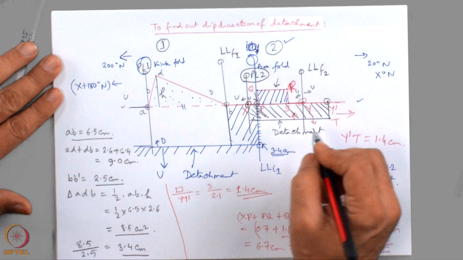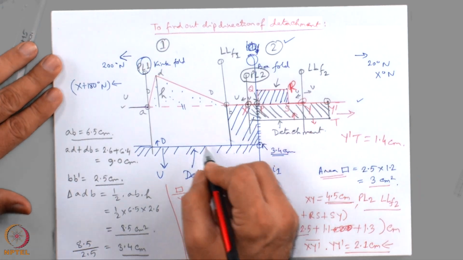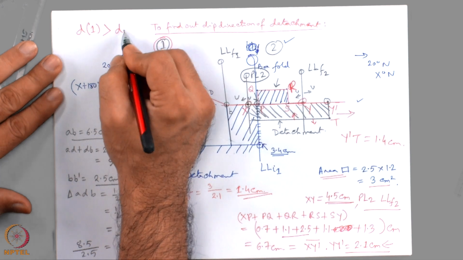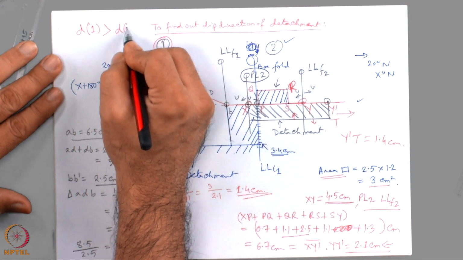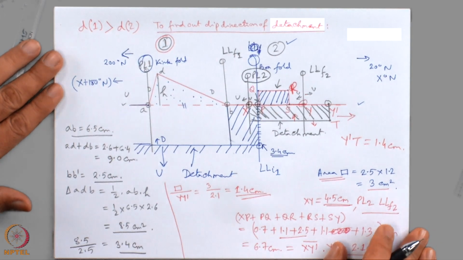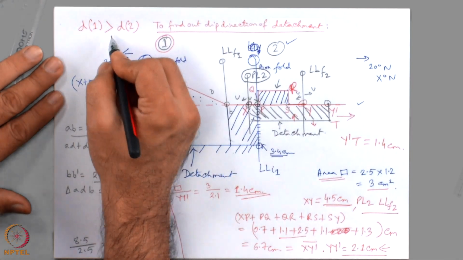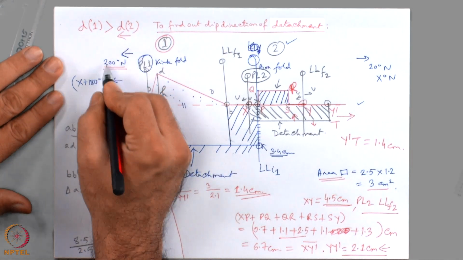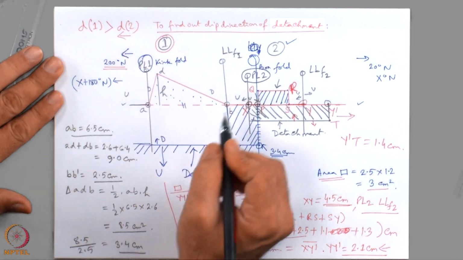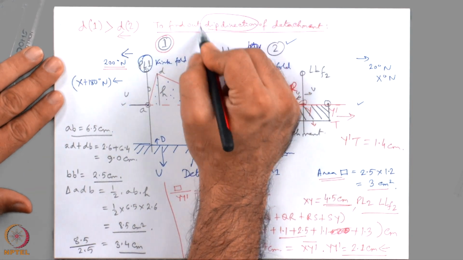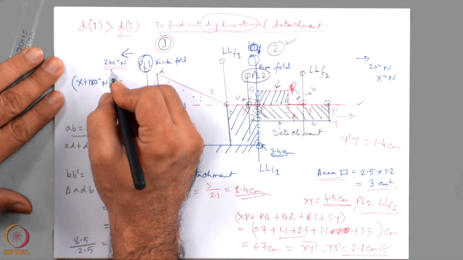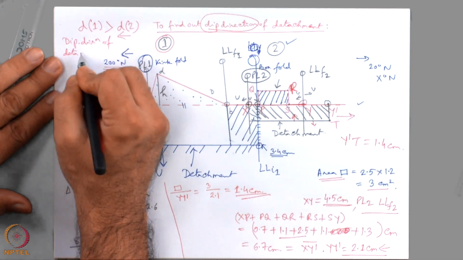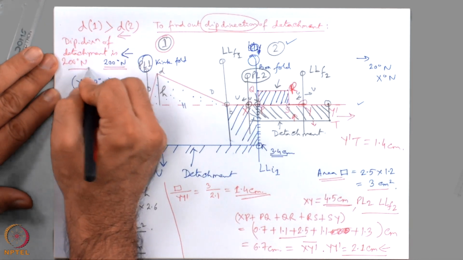Altogether, we find that the depth of detachment for fold 1 is more than the depth of detachment in fold 2, which means that the detachment is dipping as per this diagram towards left. Now, if this is 200 degree north or whatever be the geographic direction, that becomes the answer, that is the dip direction of the detachment. So, in this case, dip direction of detachment is 200 degree north.